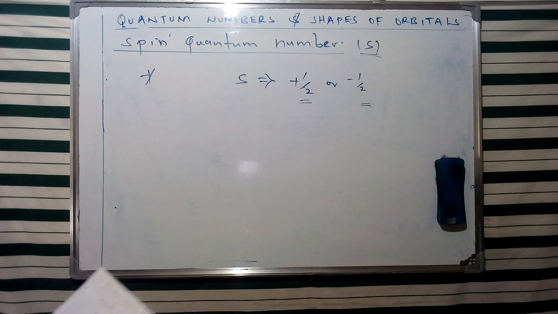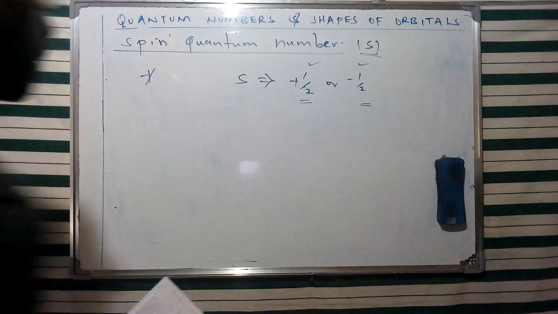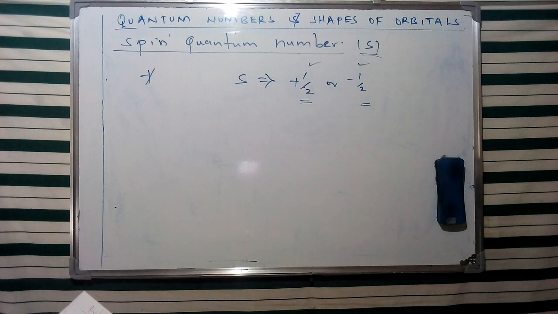The values are going to be either positive or negative half, which is going to denote the rotational direction of an electron on its axis during movement within the space of an atom.